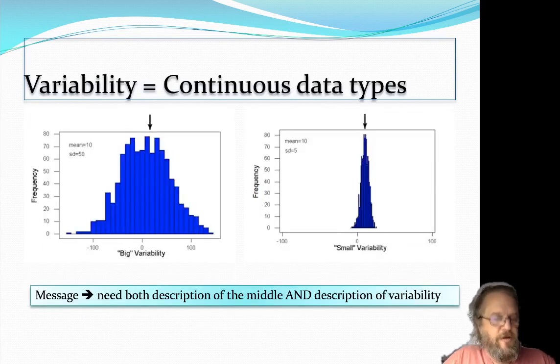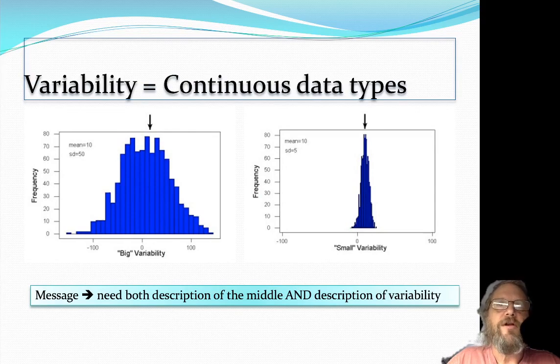Okay, so the next level of describing your data, we just got through talking about the middle. But of course, that's not going to describe the whole data set, is it? The next level of question is, how variable are the data in your data set? Do individuals pile up around the middle, or are they scattered about the middle?